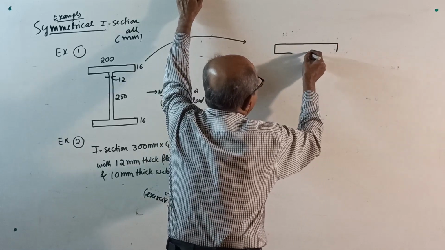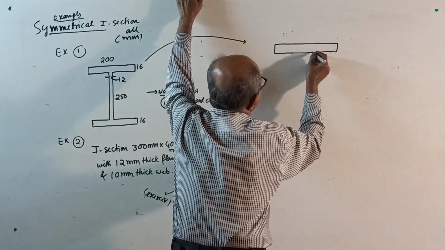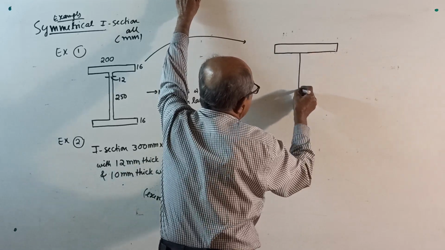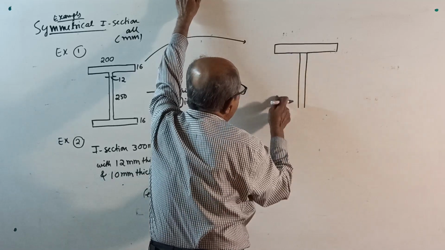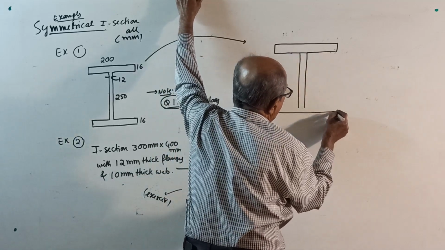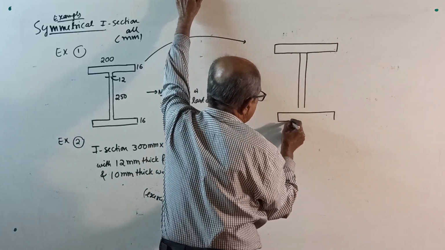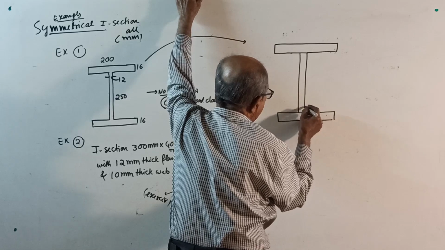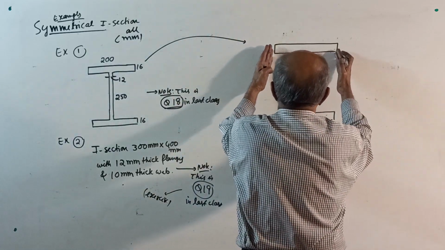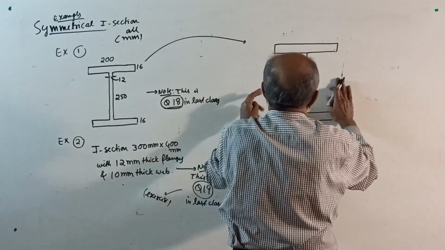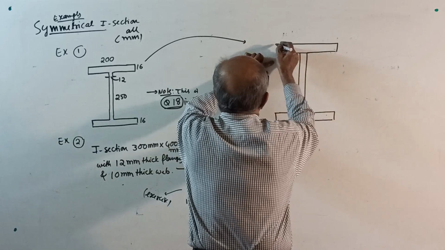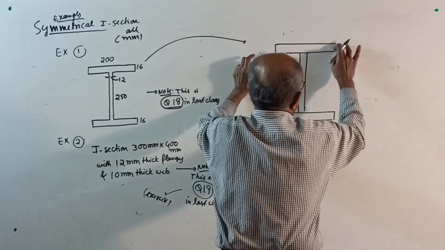When you want I about xx, divide into parts. Actually, dividing into parts is not required when you find I about the xx axis. Okay, this is the section. Don't worry if it is slightly shifted to one side, no problem.